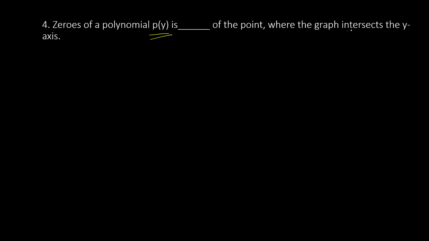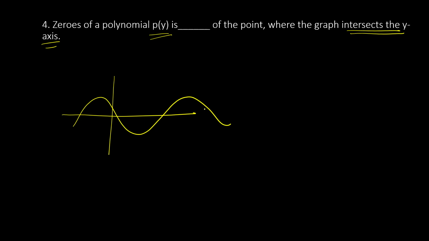You might be confused by the fact that the graph is given to be intersecting the y-axis, because the usual logic you have learnt is that to find the zeros of any polynomial, just find the points of intersection with the x-axis. In this case, the graph which I have drawn, you might have said that, okay, there are 1, 2, 3, 4. 4 points where it is intersecting the x-axis, and hence this would have 4 zeros.